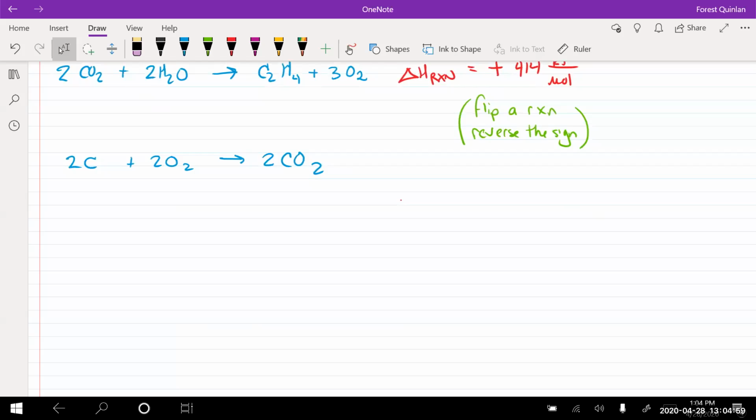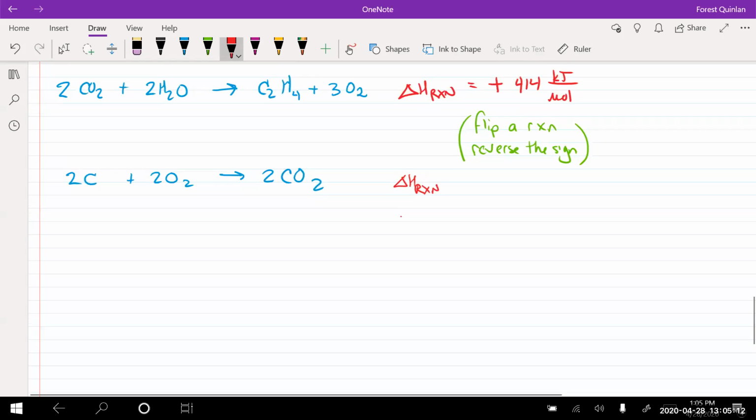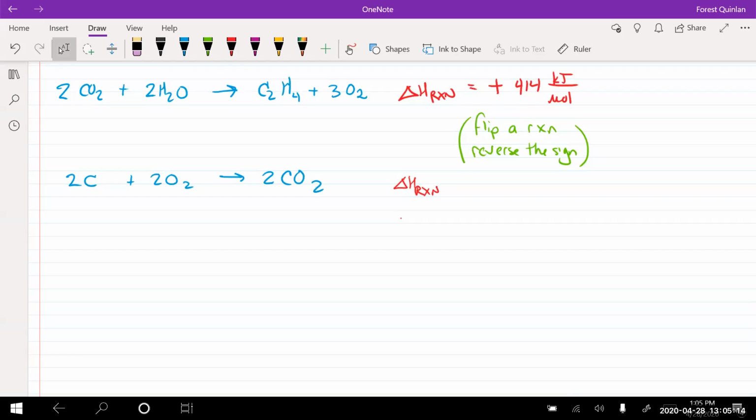So I'm doing 2, which means I now have to figure out what happens to my heat of reaction. If you guys remember, I've now doubled the amount of stuff. Look at the units on the delta H of the reaction. They are kilojoules per mole. And in fact, this is not a reaction. We are forming something from its elements.